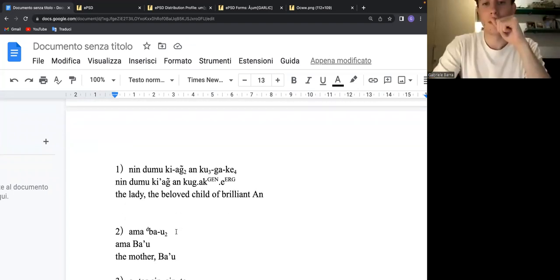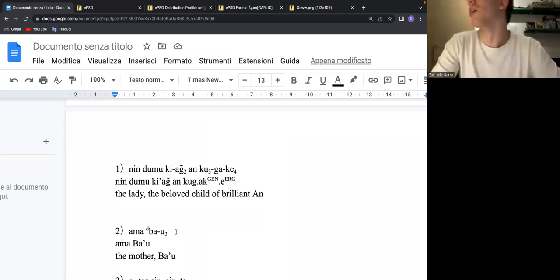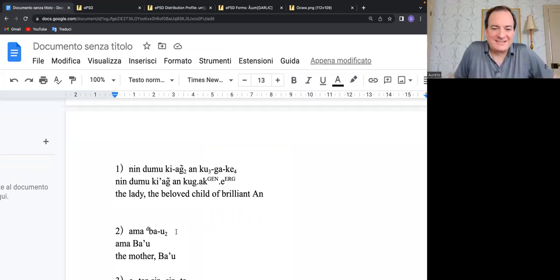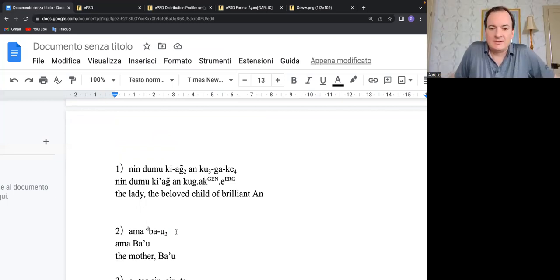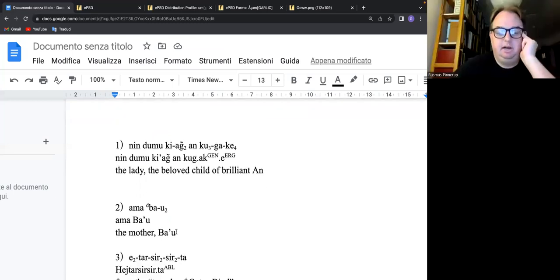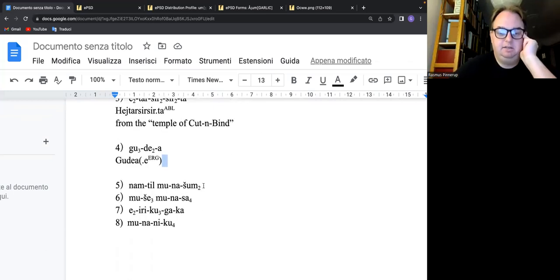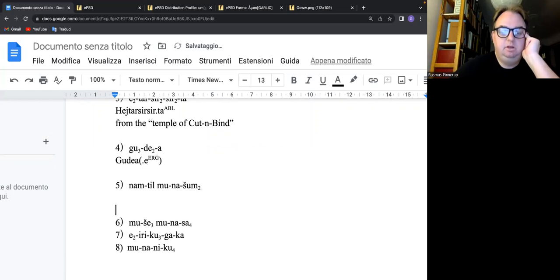What about obliquity? What about the oblique object? We should probably analyze the rest of the lines before being able to decide on this. So nam til munashum.